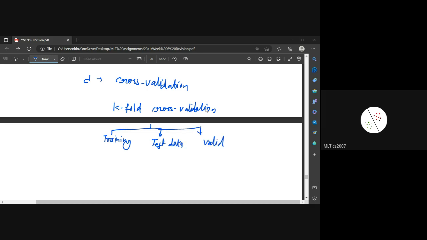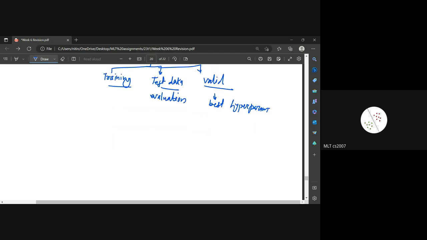This is used for learning or training your model. This is used for the evaluation part, and this is used for validation, that is, finding the best hyperparameters. So in k-fold, let's keep aside the test data set for now. This part is easy.